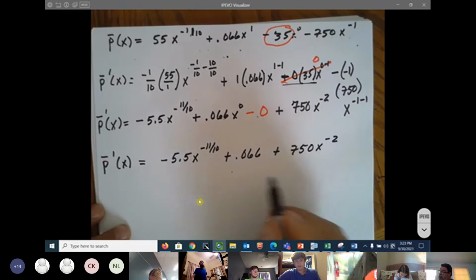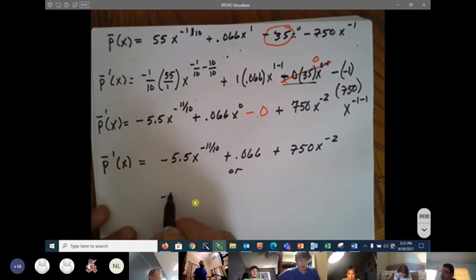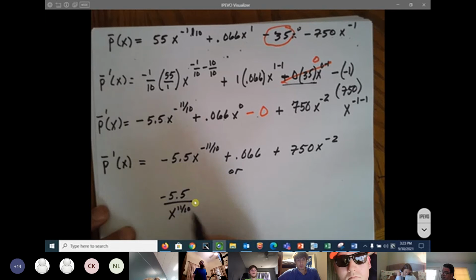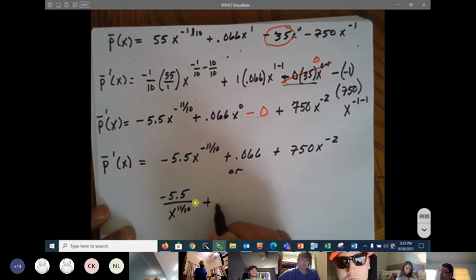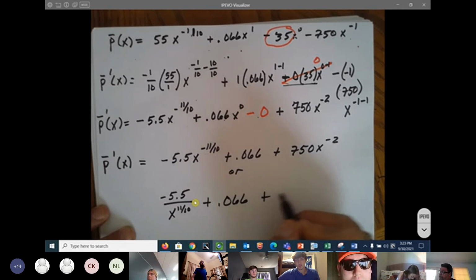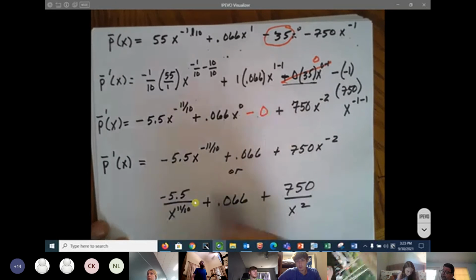And I'm going to put an or right here. And you could do negative 5.5 over X to the 11/10 plus 0.066 plus 750 over X to the second.